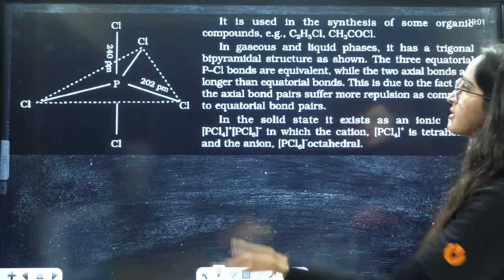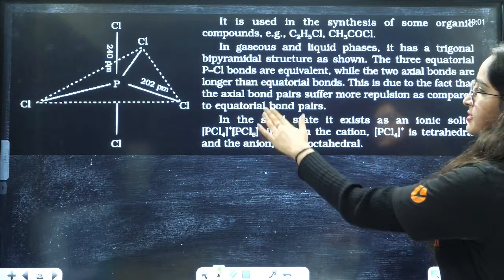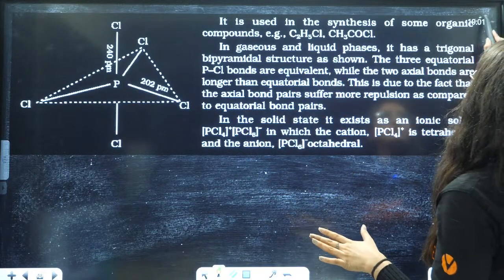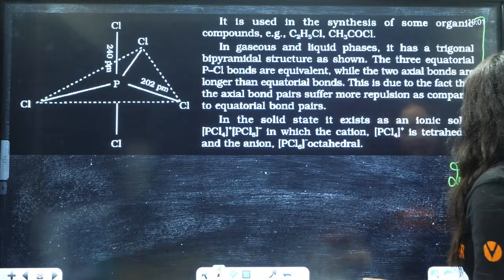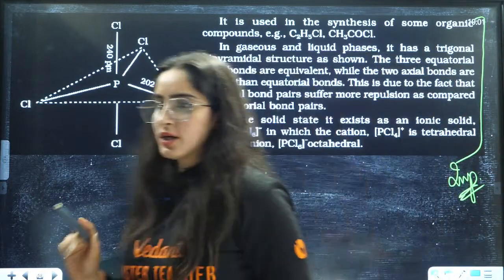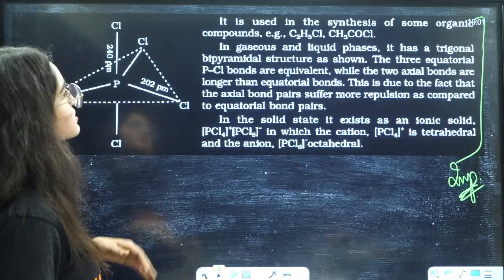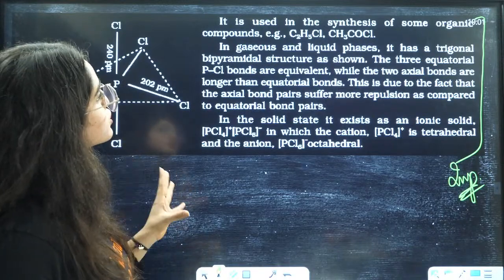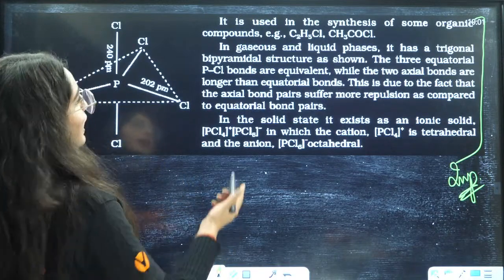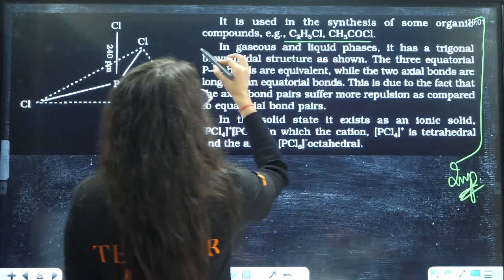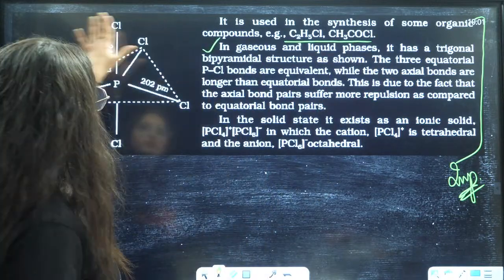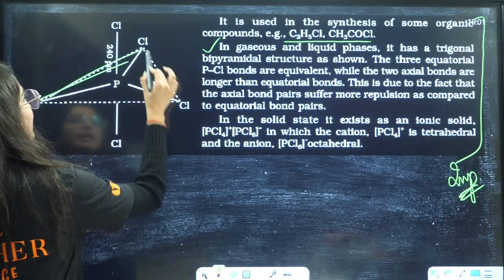Now, this is the structure, right? This is the thing I was talking about. This is very important. It is used in the synthesis of some organic compounds, these two. It's gaseous. Now, this is the structure. This whole part lies in one plane.